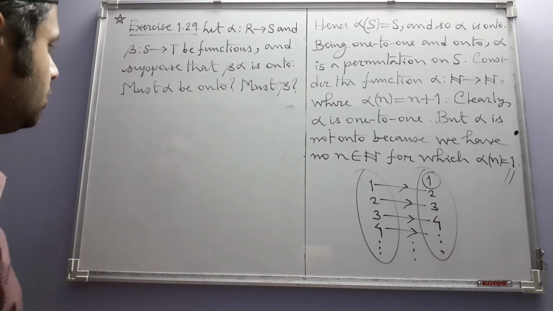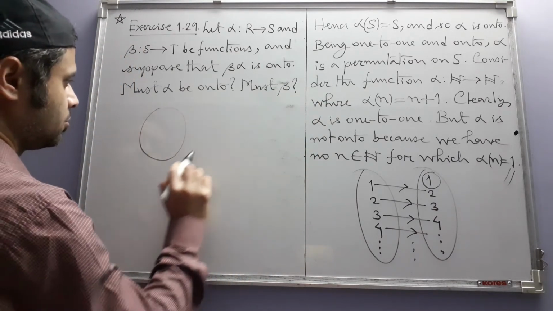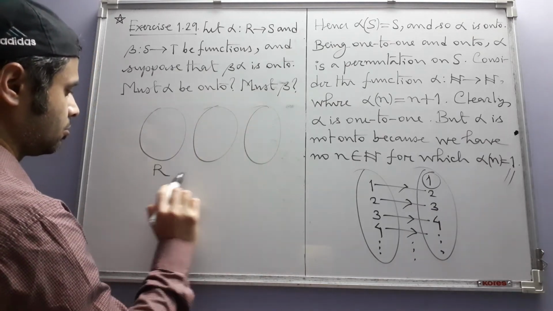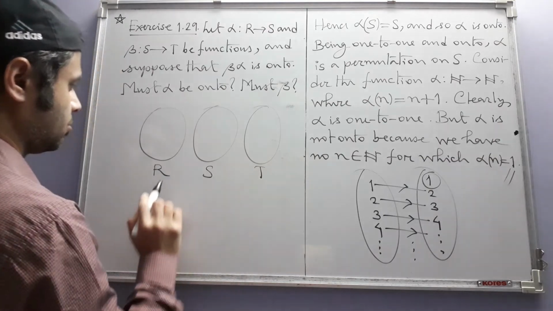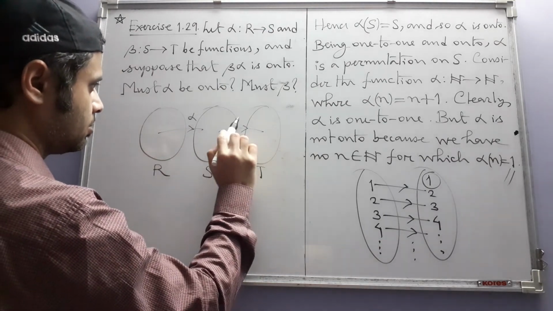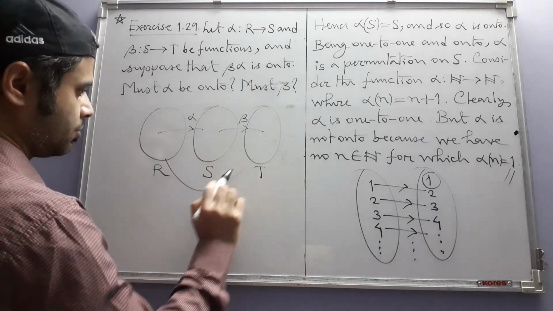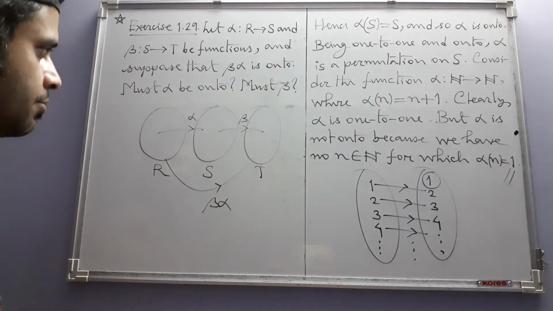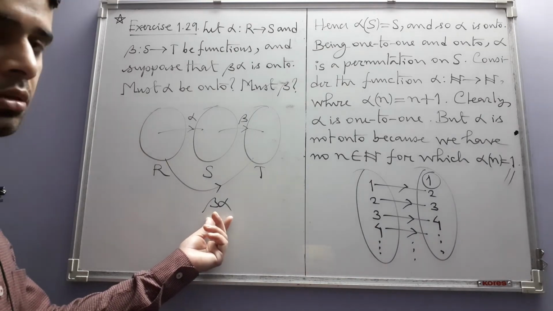Okay, so here we have two functions. This is your alpha, this is your beta, and we have the composition beta alpha. This is given to be onto.